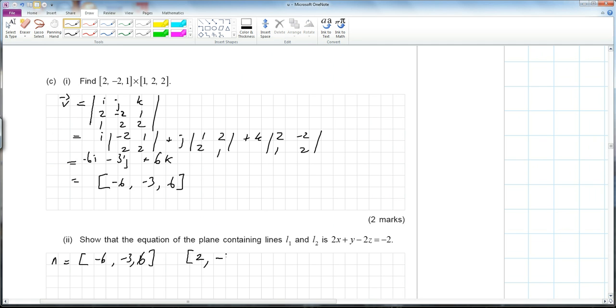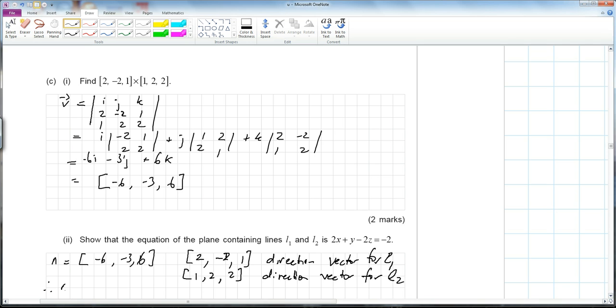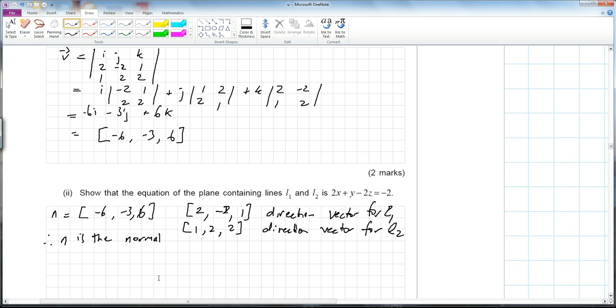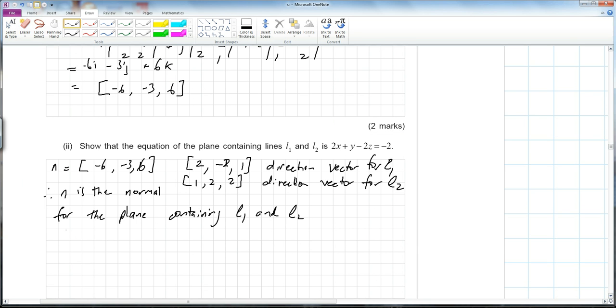We've got 2, minus 2, 1 is the direction vector for L1, and the other one, 1, 2, 2 for L2. Therefore N is the normal for the plane containing L1 and L2.